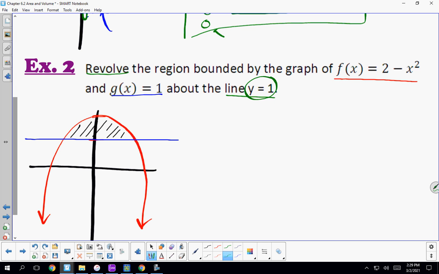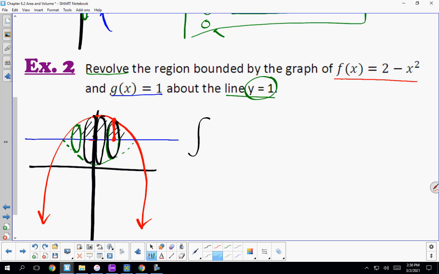So we can kind of even make a mirror image to try to see what this revolved shape will look like. And I like to draw these circles just so that I know what one of those slices looks like, because all I need to do is find the area of one of these. And then when I integrate it, that's going to stack all these on top of one another and create that volume. So for one of these circles, my radius is top minus bottom.